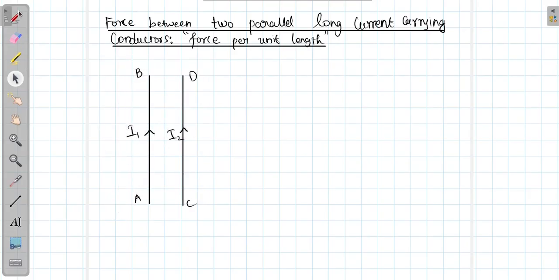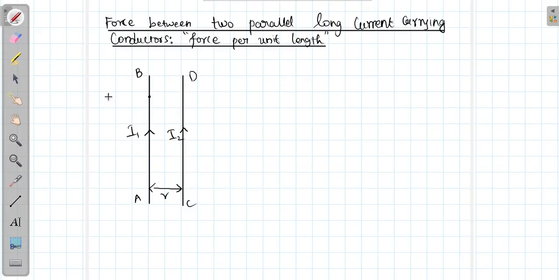Now see, the current flowing in conductor 1 produces a magnetic field as concentric circles. Imagine we are taking this point. Due to the current, at this particular point we experience a magnetic field which looks like this. The magnetic field encloses this particular conductor CD.